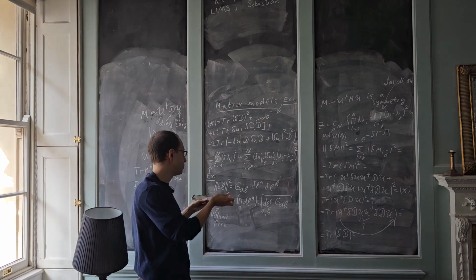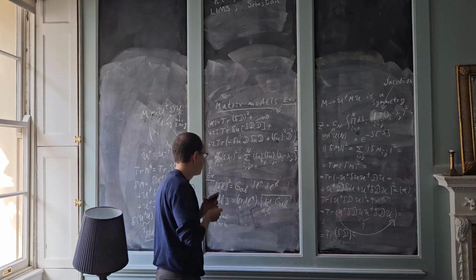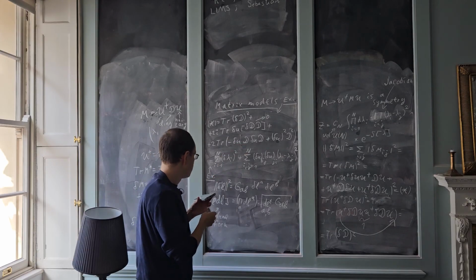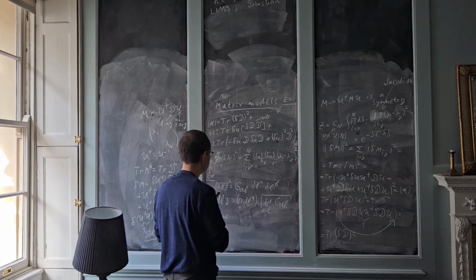Sometimes, for example when we do the Polyakov action, this kind of thing appears as an induced volume form on the worldsheet. Anyway, that's a pretty standard formula.